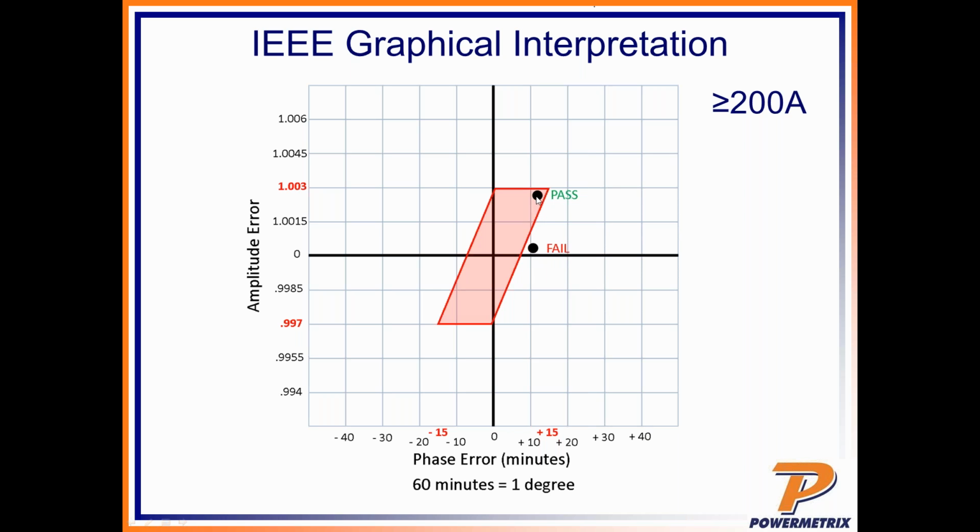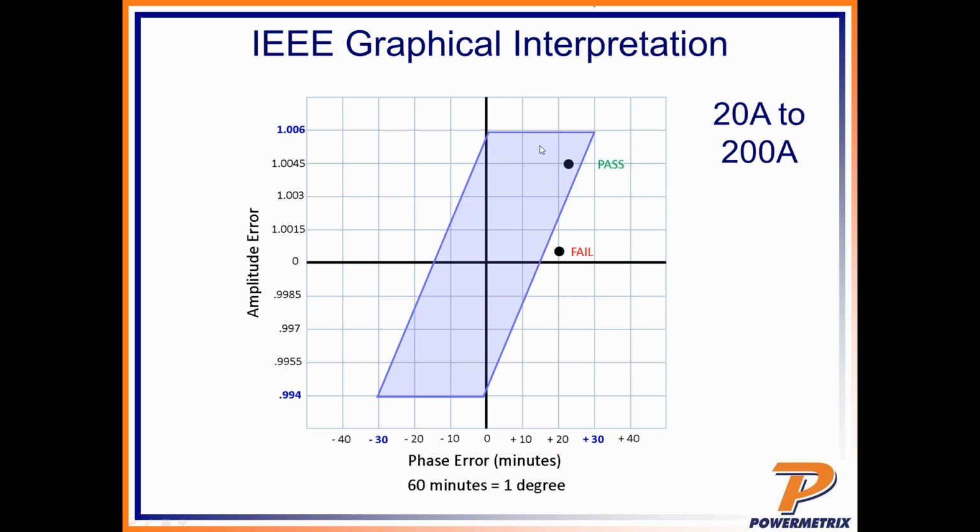Anytime that point is within this parallelogram, we're gonna say that CT passes via these IEEE specs, okay? Moving on real quick, we'll go to the 0.6% parallelogram.